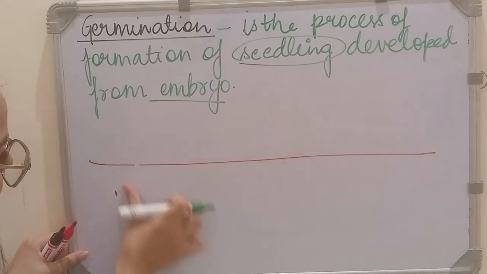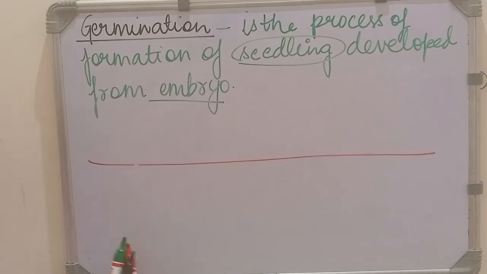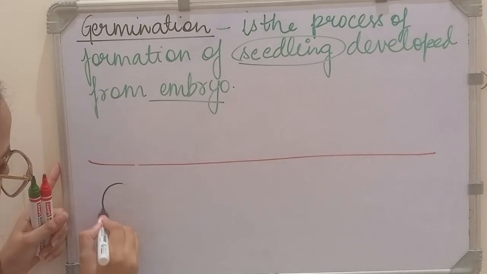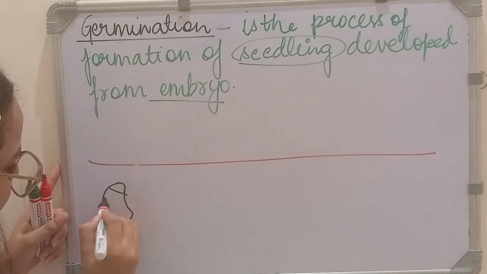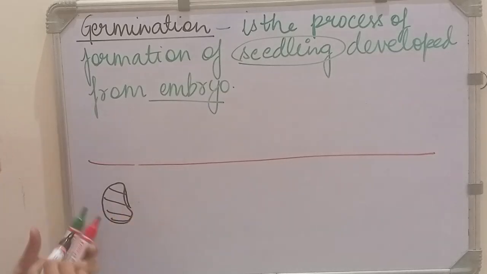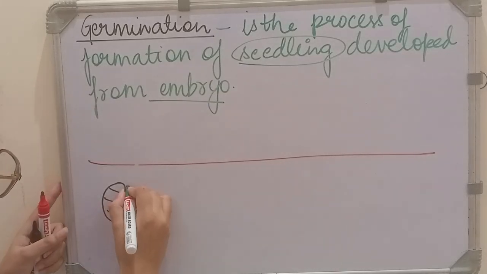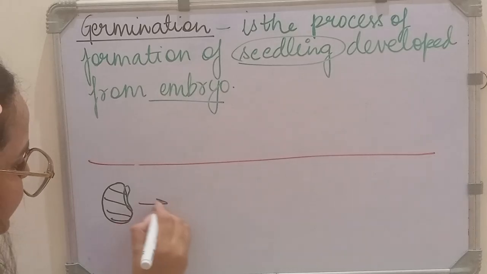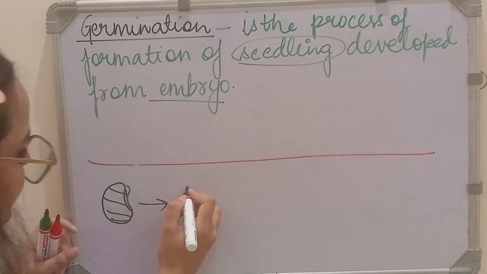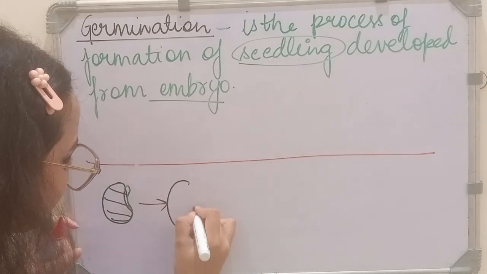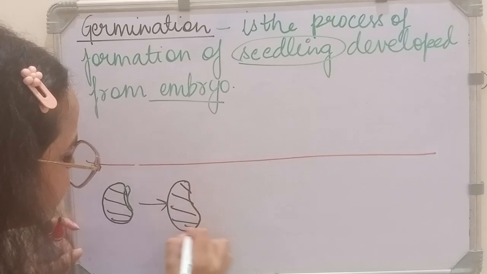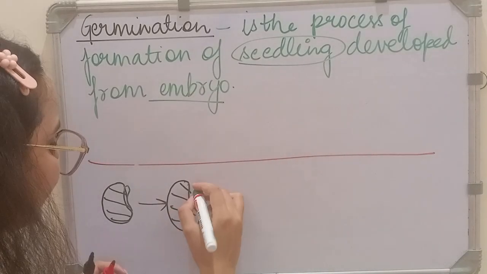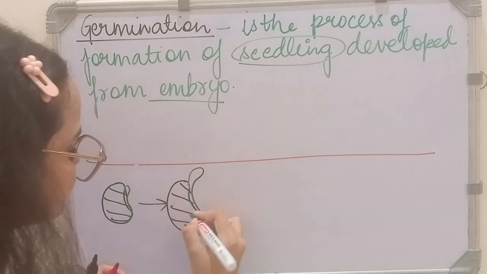Let's draw the initial stage first. The embryo is intact. Now over time, when the conditions are favorable, the embryo ruptures the seed coat and comes out.